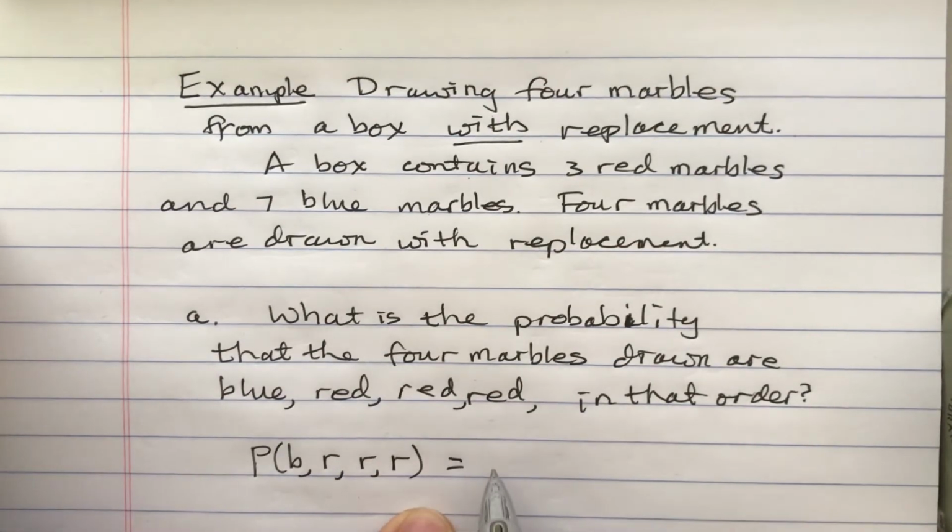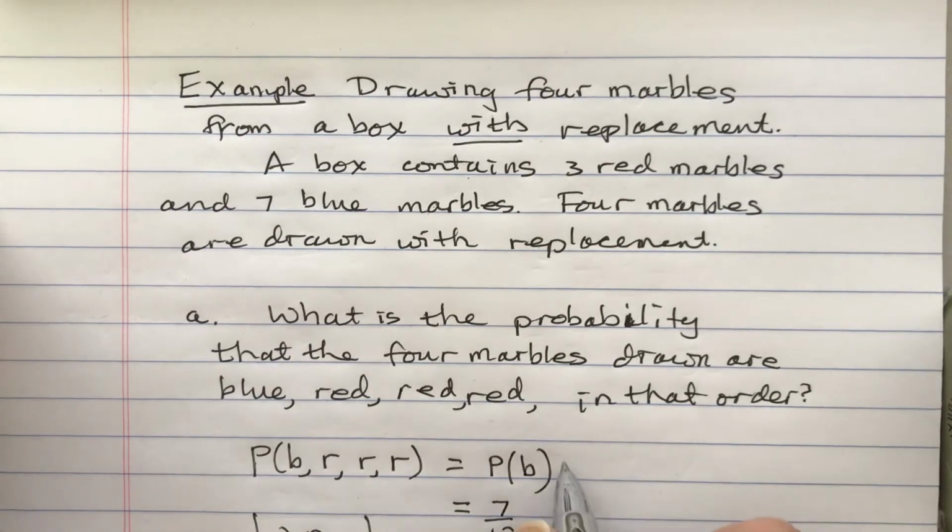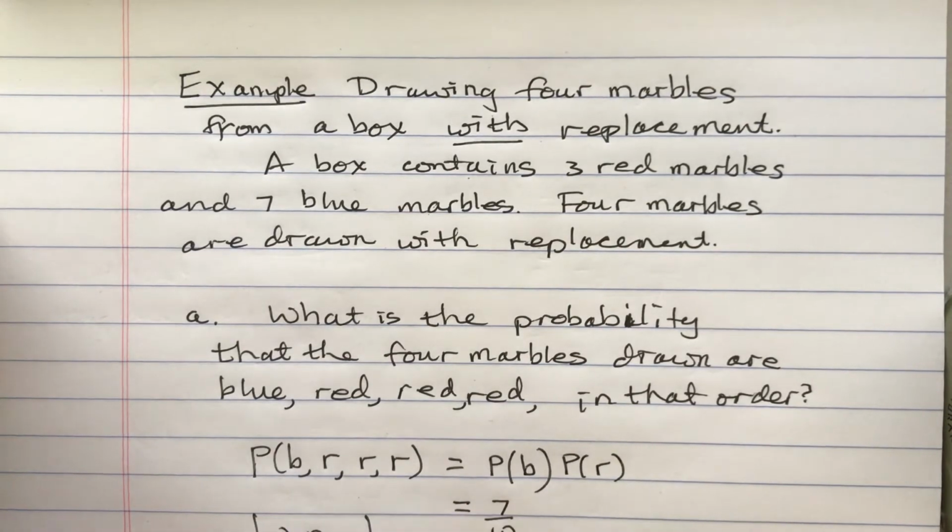But all right, so you have 3 reds and 7 blues. You look at the first one, that you get a blue, and that's 7 out of 10. Then you put the marble back in. And then, out of those 70% of the time you get a blue, what percent will get a red?